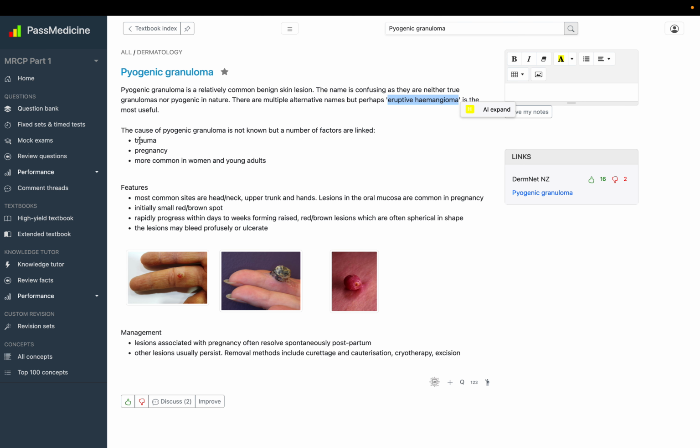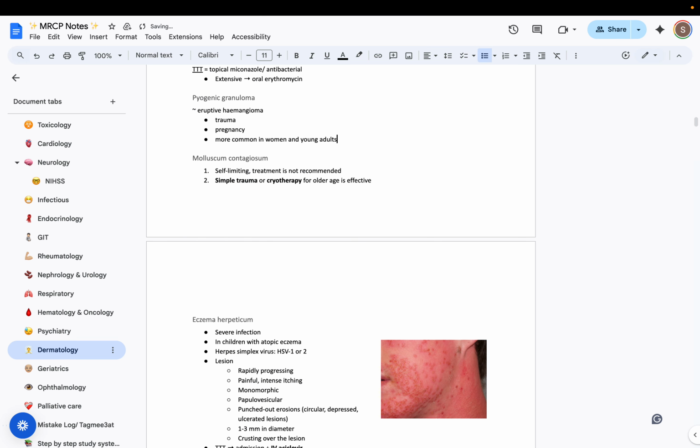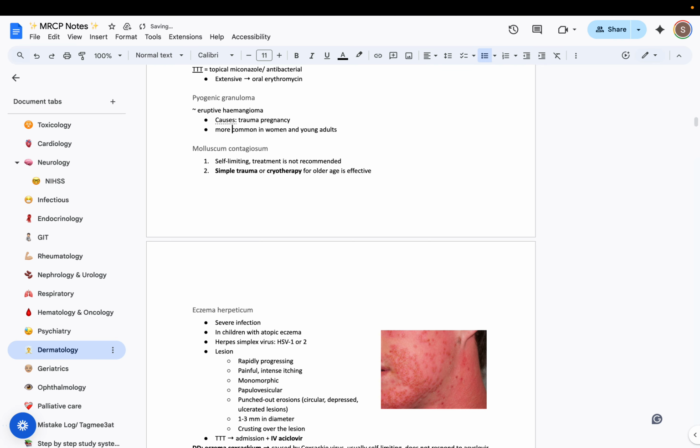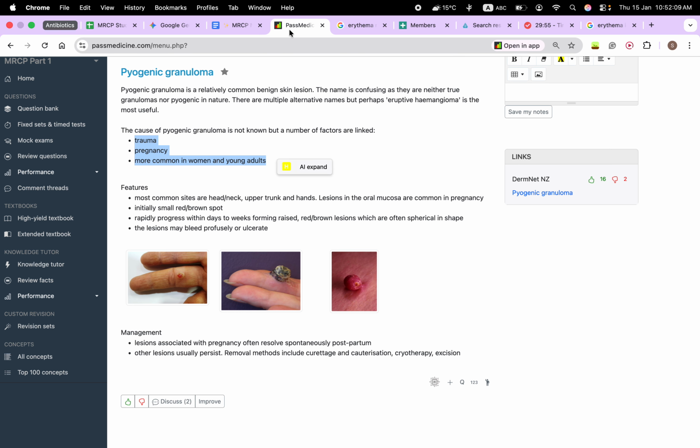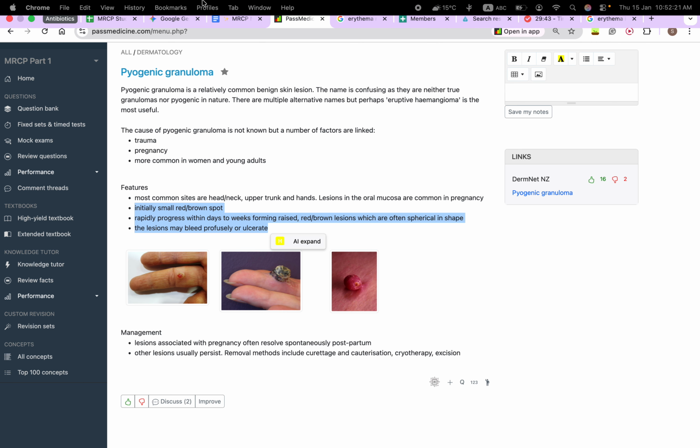It has an unknown cause, may be caused by trauma or pregnancy, more common in women and young adults. The most common sites are the head and neck, upper trunk and hands. It's initially a small red-brown spot that rapidly progresses to a raised red-brown lesion, spherical in shape, that may bleed or ulcerate.